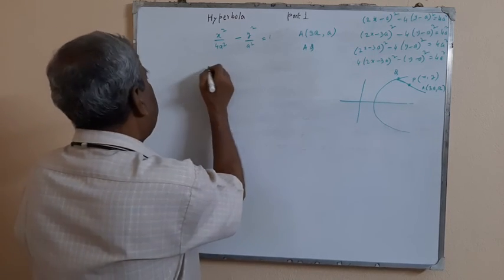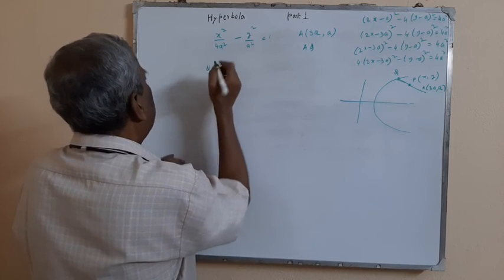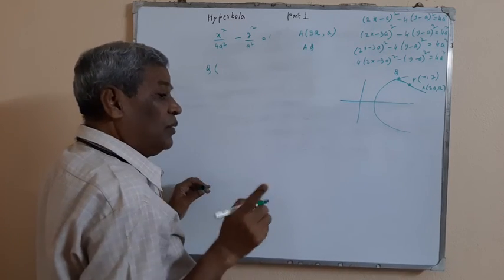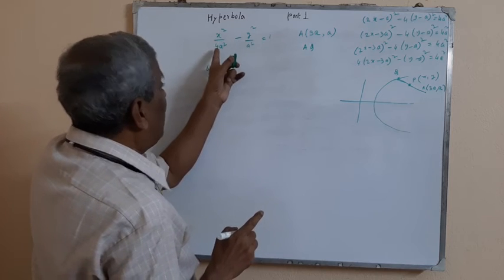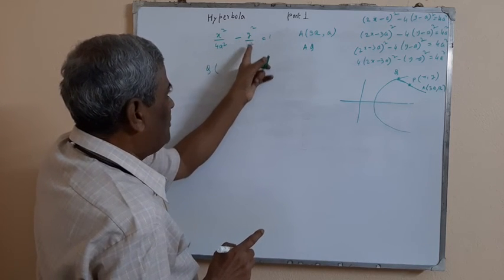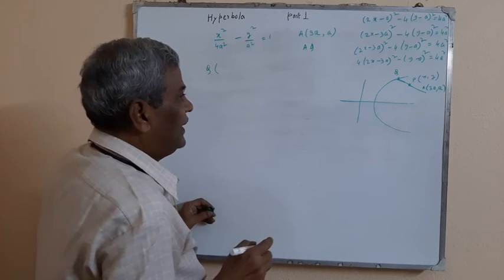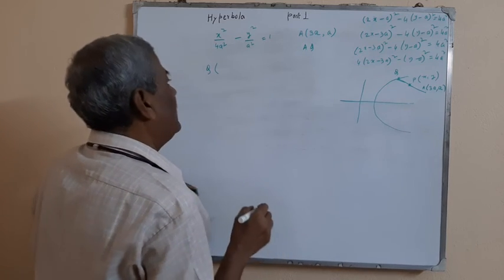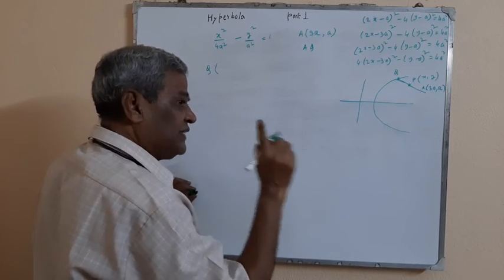Let us take Q is any point on it. For the standard equation x square by a square minus y square by b square is equal to 1, the coordinate of any point on it is (a sec theta, b tan theta).